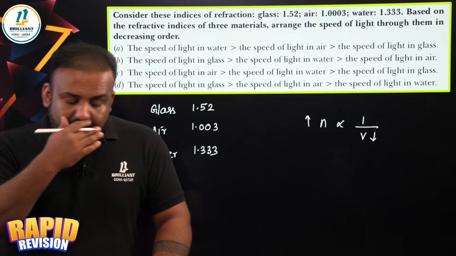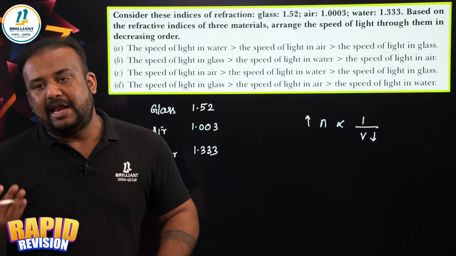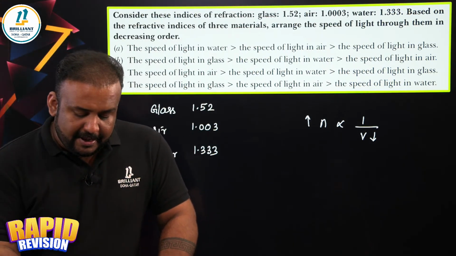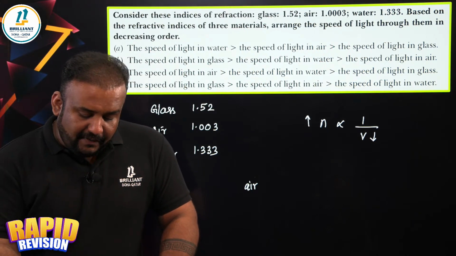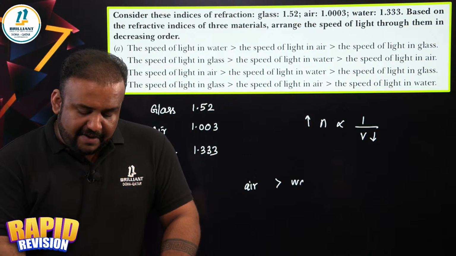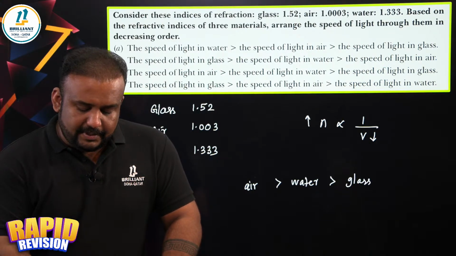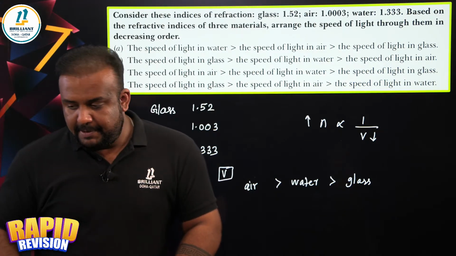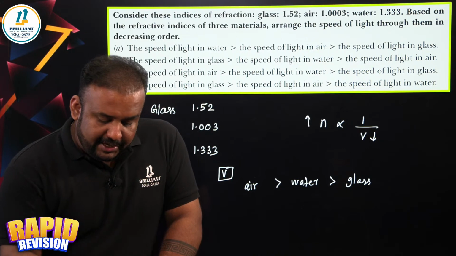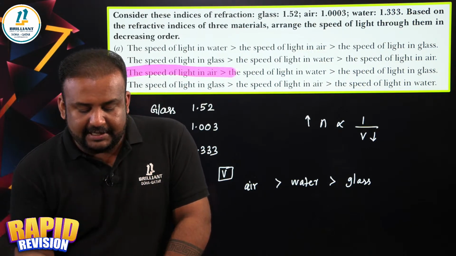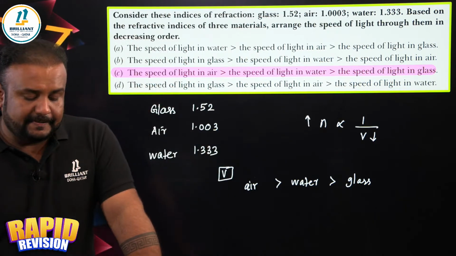So higher to lower. Tell me, in which medium will light have the highest speed? First will be air. Air will have the highest. Then water, then glass. This will be the order of the speed. So which option is correct? Option C says speed of light in air is greater than speed of light in water, which is greater than speed of light in glass.